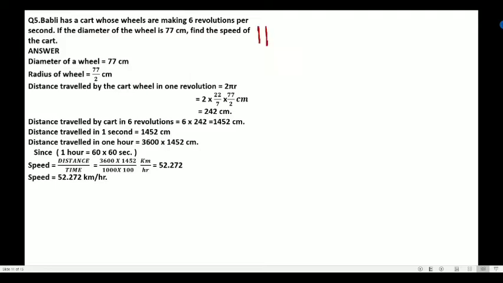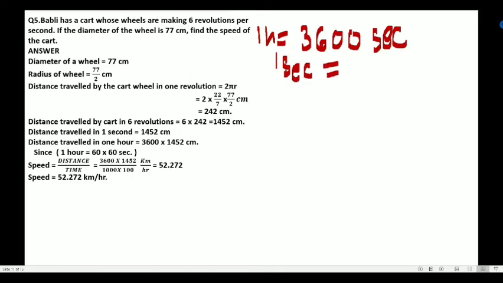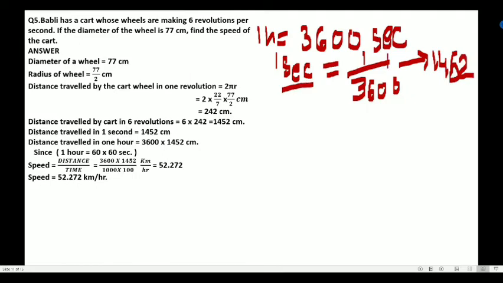You know that 1 hour has 3600 seconds. Okay, so 1 second will be how much hour? 1 second will be 1 upon 3600. Now this 1 second, the distance traveled is 1452 centimeter. So this 1 second is converted into hour, 1 upon 3600.